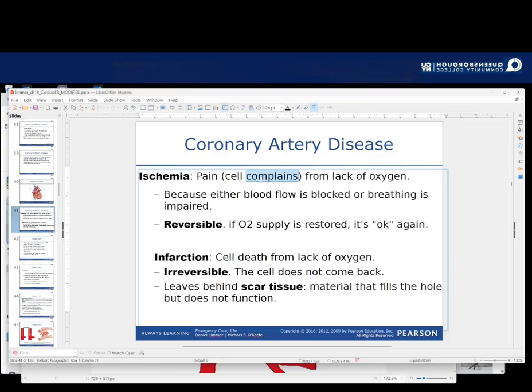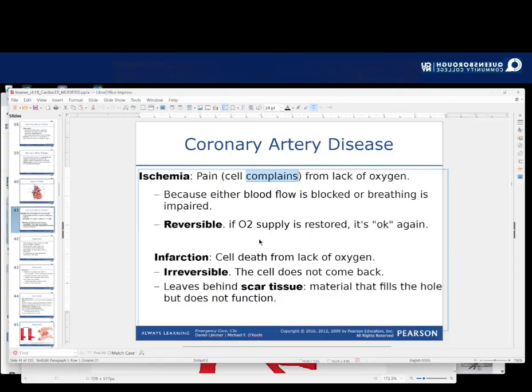And remember, when the cells run out of oxygen, they switch from aerobic respiration to anaerobic respiration. And the problem with anaerobic respiration is that it doesn't make enough ATP. So the cell not only runs out of ATP, the energy for functions to stay alive, but there's a buildup of lactic acid, a result of anaerobic respiration, and the area becomes more and more acidic.